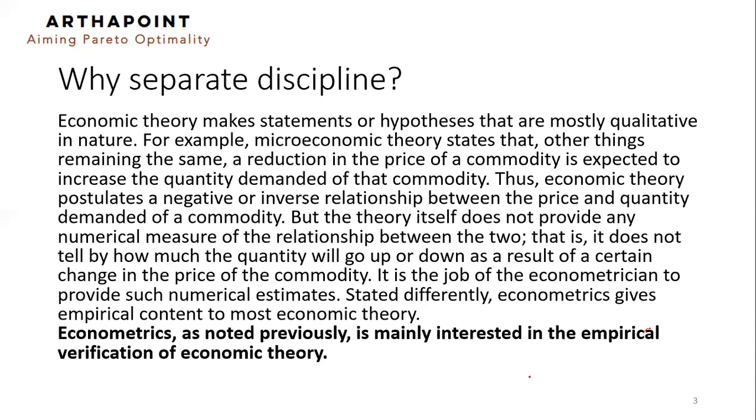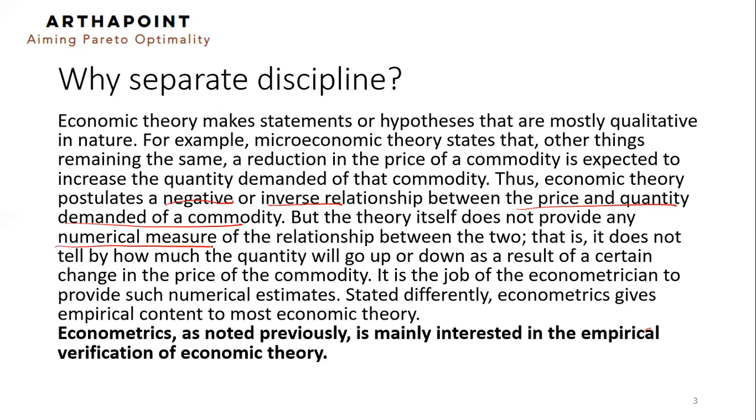So it postulates a negative or inverse relationship between price and quantity demanded, or a negative relationship between inflation rate and unemployment. However, it does not give you a numerical measure of the relationship between the two.